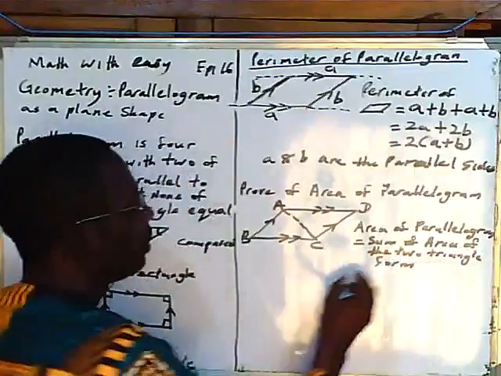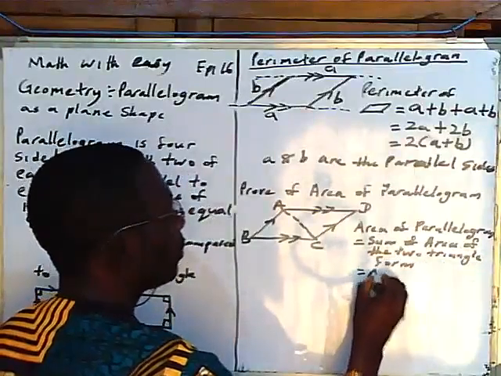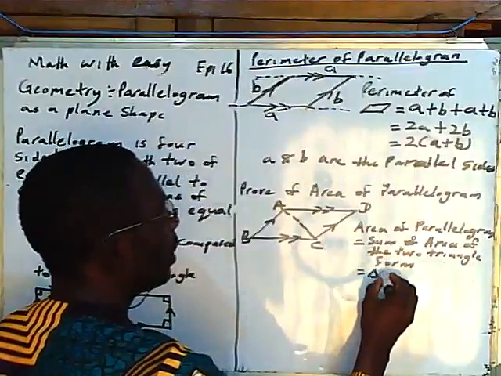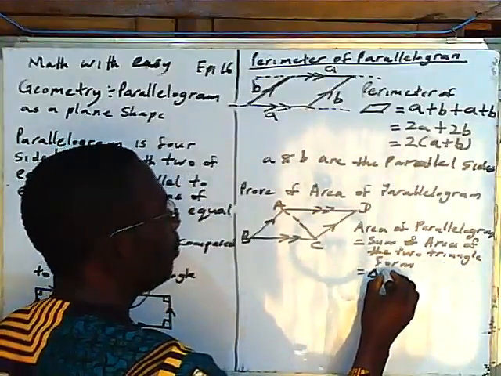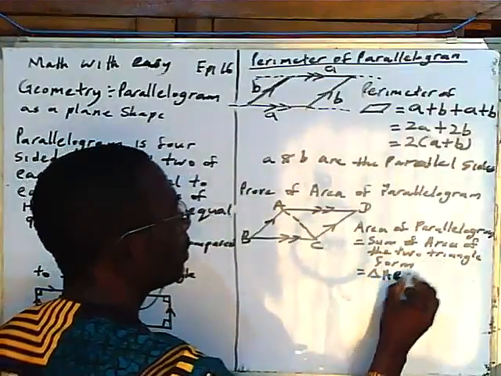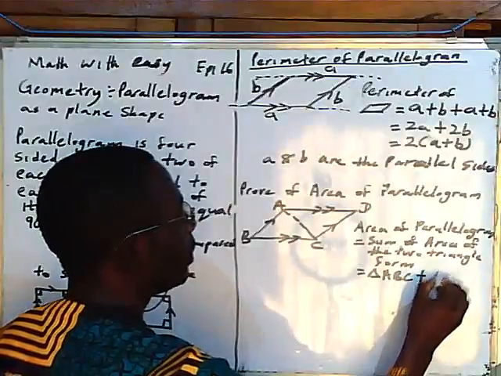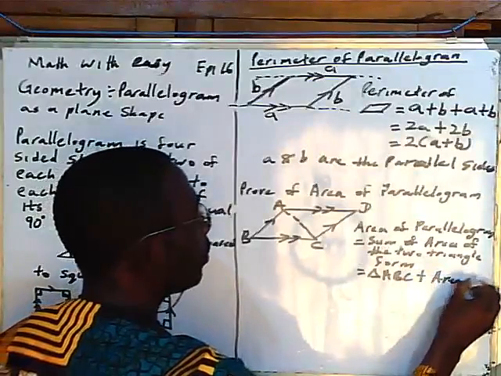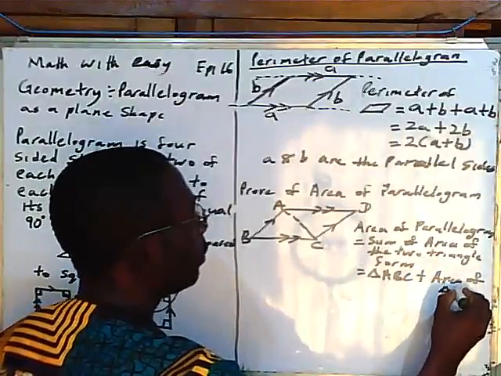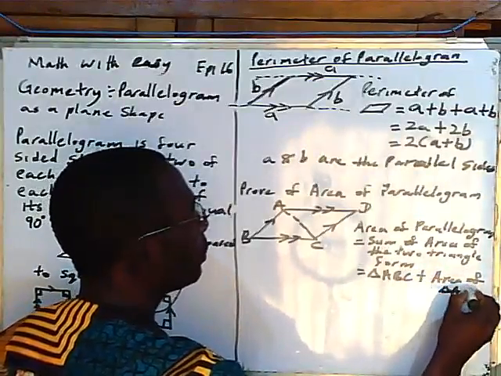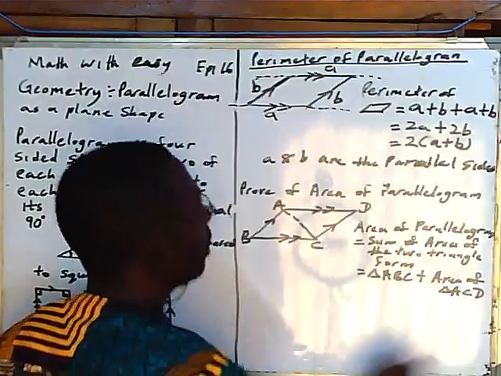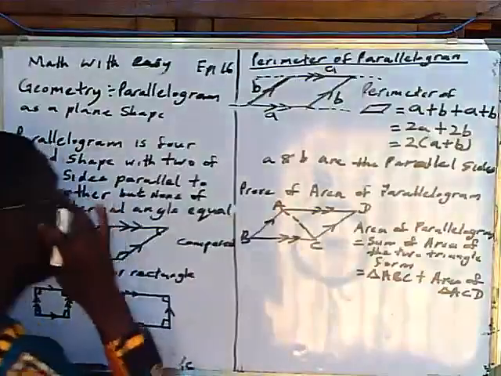That means it will be the area of triangle ABC plus the area of triangle ACD.